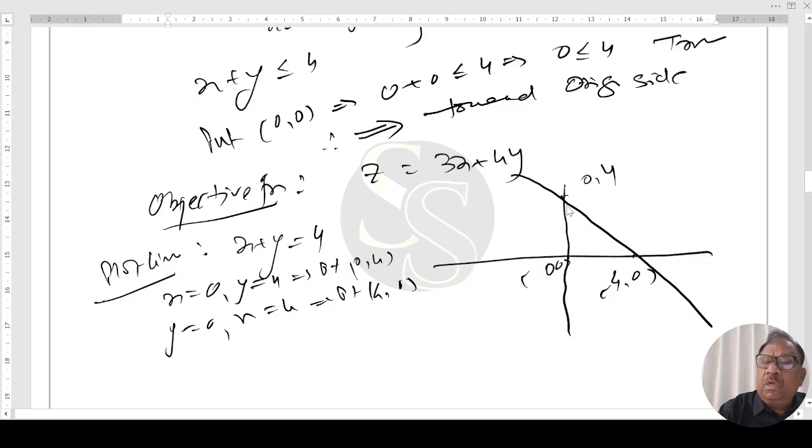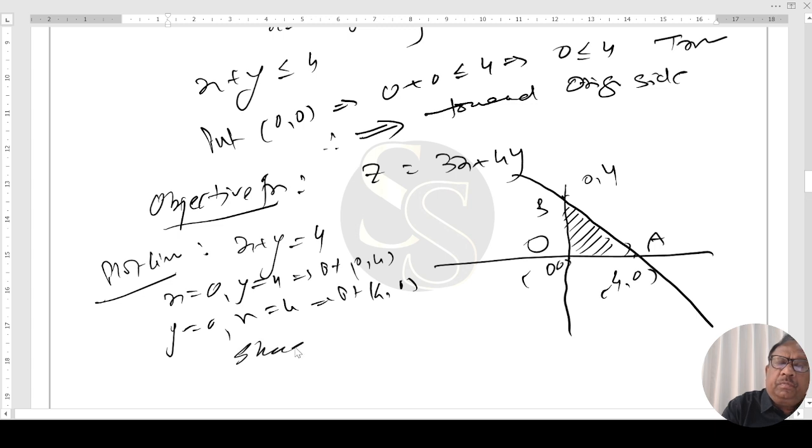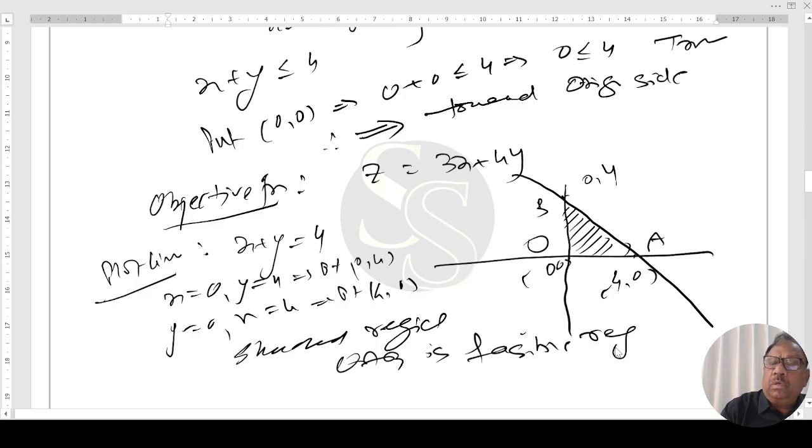So this is the feasible region OAB. The shaded region OAB is the feasible region.